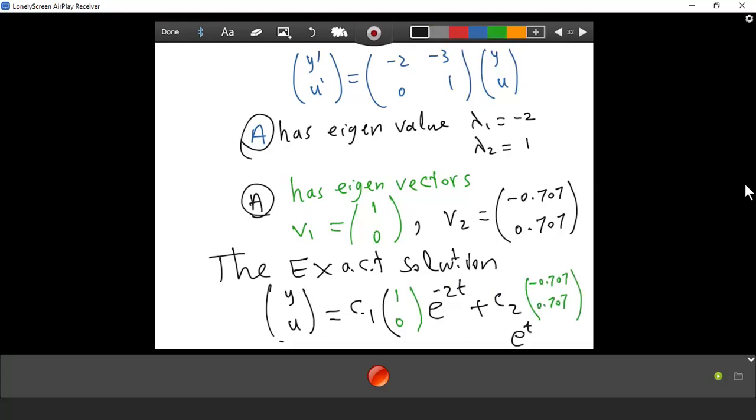This is the right formula for your solution for y and u, right?